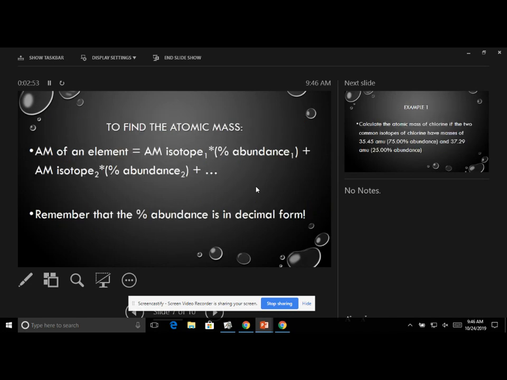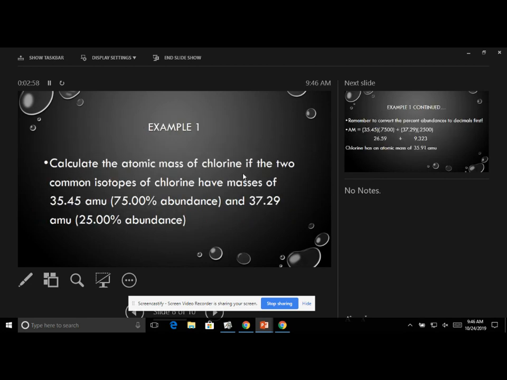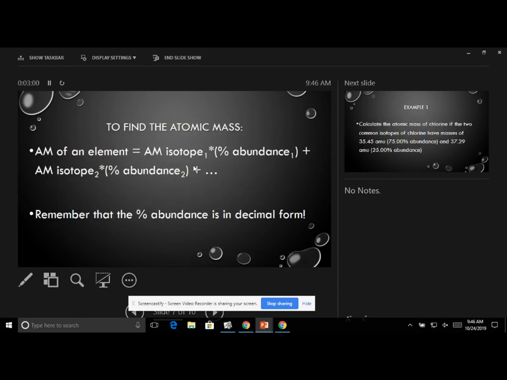So in order to find the atomic mass, we would do a weighted average. It would be the atomic mass of isotope 1 times the percent abundance of isotope 1, and remember this percent as a decimal, plus the atomic mass of isotope 2 times the percent abundance of isotope 2 as a decimal.